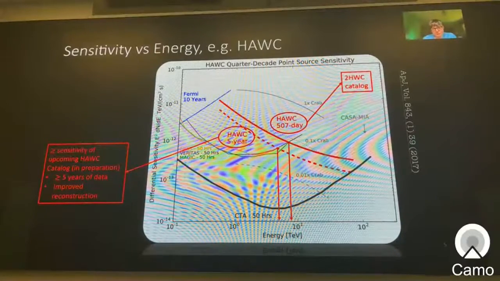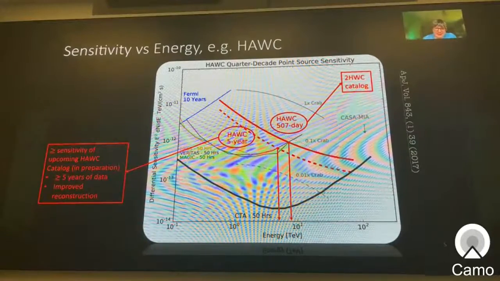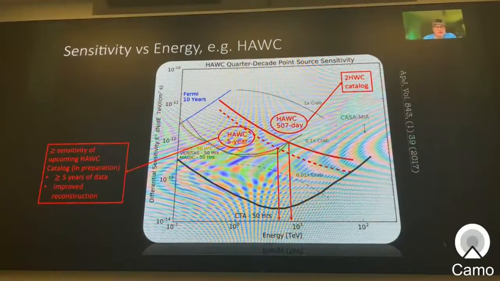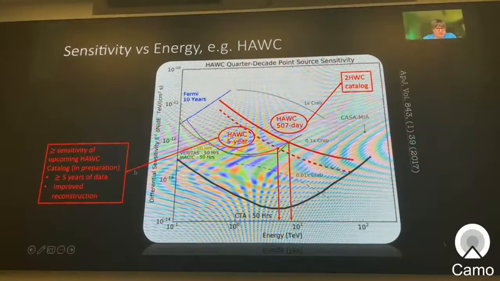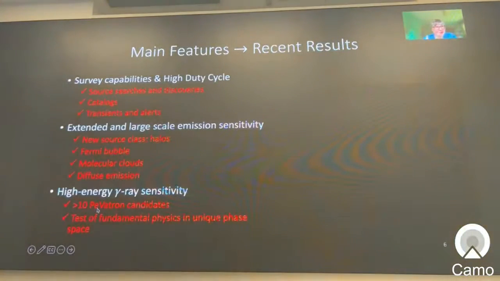This may be even better now, since HAWC has updated their reconstruction algorithms and gained in sensitivity more than projected. In any case, what I want to point you to is the intersection between this PDA and H.E.S.S. and MAGIC, for example, as examples of IACTs for 50 hours. And that is just below 10 degrees. So really complementary to IACTs in some ways, especially when it comes to searching for things, surveys, discoveries.